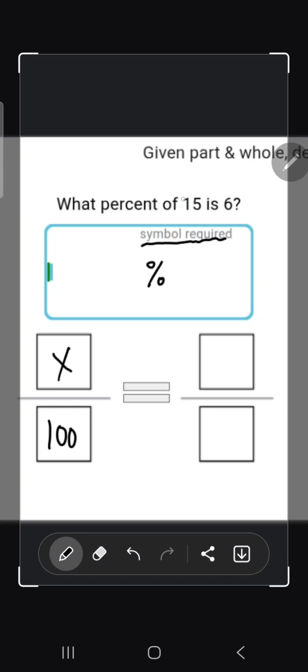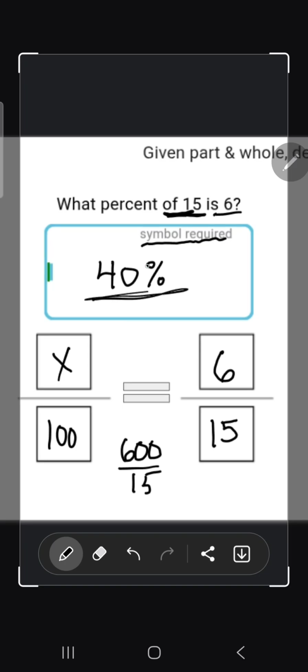What percent of 15, the total goes on the bottom, is 6, the part, goes on the top. So now I'm doing 100 times 6, which is 600, and I'm dividing by 15, and 600 divided by 15 ends up being 40, and you make sure you have a percent. If they're asking you for a percent, you better have a percent in your answer.